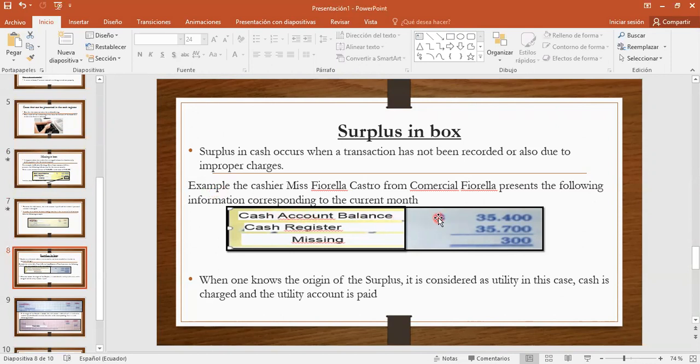Cash account balance is 35,400. Cash count is 35,700, and the surplus is 300.